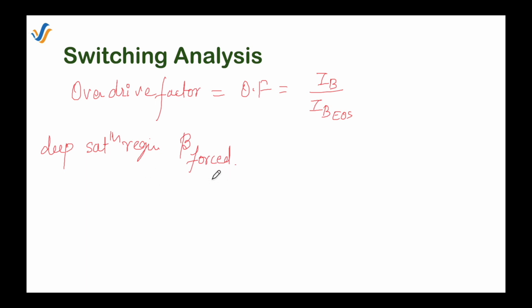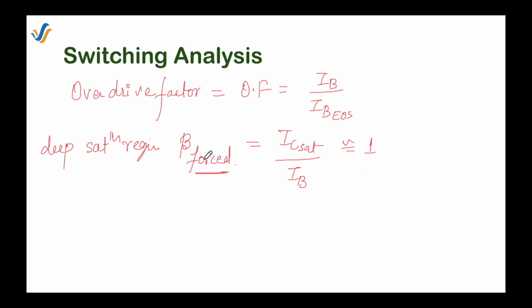We are using the term forced because the designer is forcing the transistor more and more into the saturation region. And this beta forced value is given simply by IC saturation upon the base current, and its ideal value is 1, which is the desired feature for the switching operation.